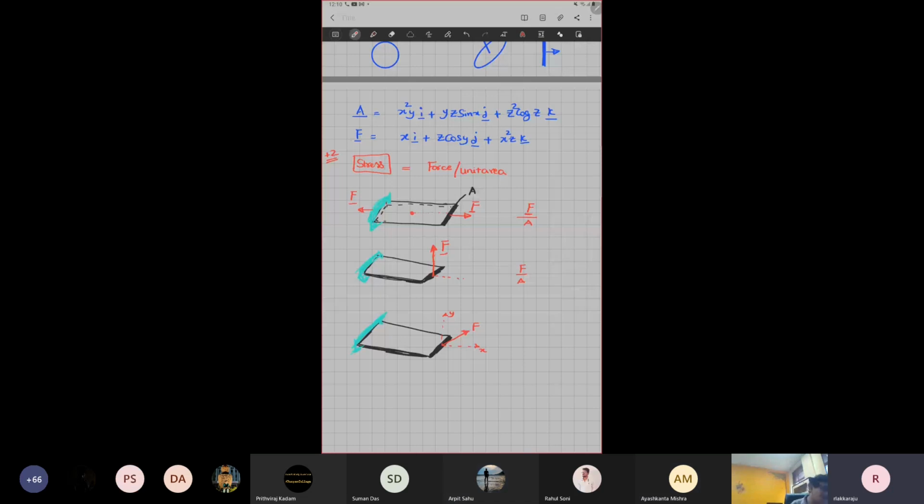So you will break that down into this component and this component and define what is this component Fx by A, what is that component Fy by A. Is that right? Yes, sir. Now if I have a three-dimensional force, I will end up even with Fz by A.